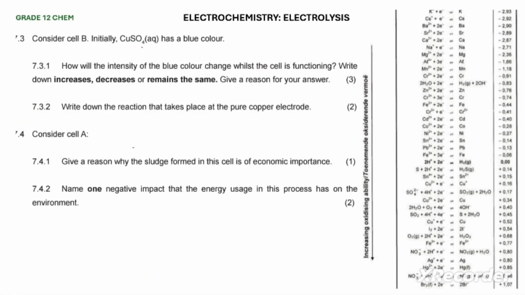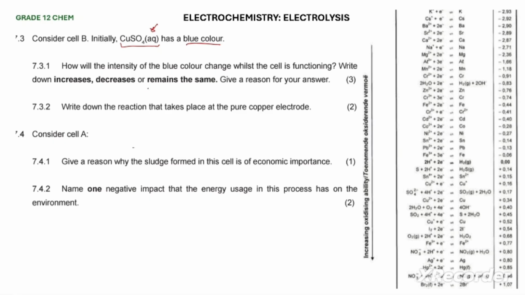Consider cell B, initially copper sulfate, aqueous, in water, which has a blue color. How will the intensity of the blue color change whilst the cell is functioning? Write down increases, decreases, or remains the same. You might be tempted to say decreases because we're using up stuff.